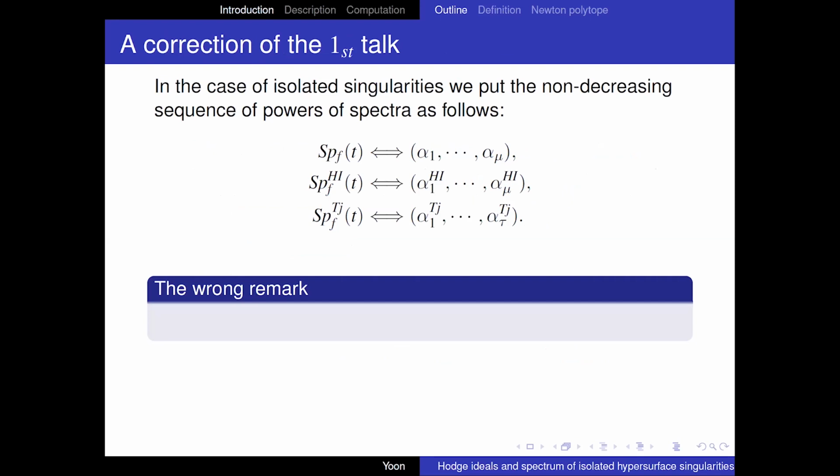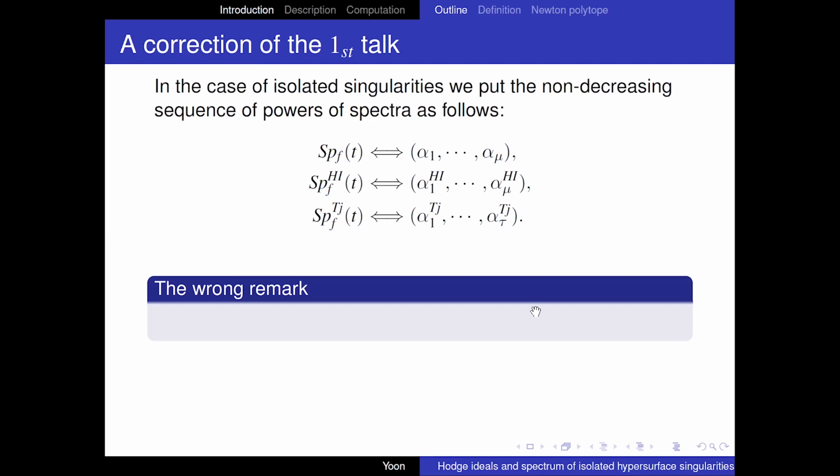The third one is the Tjurina subspectrum. By the way, all these spectra can be written as a non-decreasing sequence of power series, if f has an isolated singularity.